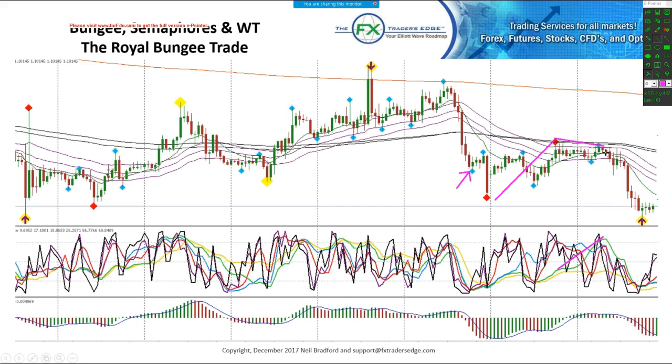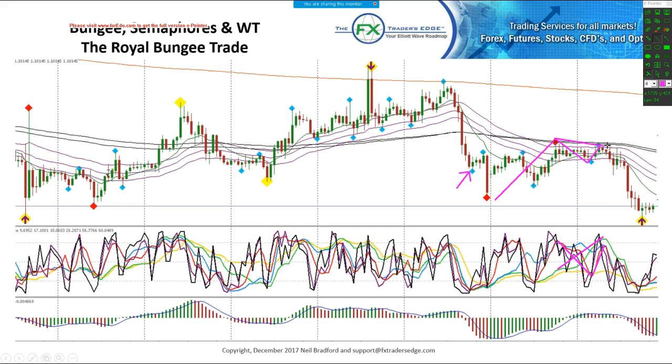So once we started going down after this failed snapback up of the red, we've got a red stretch away down, a red failed snapback up. There's the stretch away down to meet the yellow. There's the snapback up to meet the blue, and we failed to make a new high.